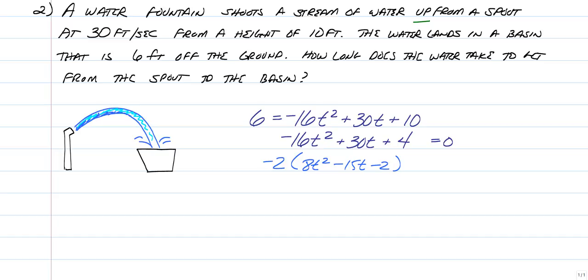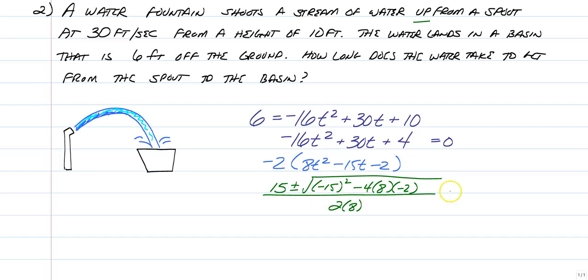So I'm just going to show you how to use the quadratic formula again. So our quadratic formula is going to be opposite of b plus or minus the square root of b squared minus 4 times a times c all over 2 times a. And then you just need to work that out a little bit. So obviously we're still going to have our 15 plus or minus.